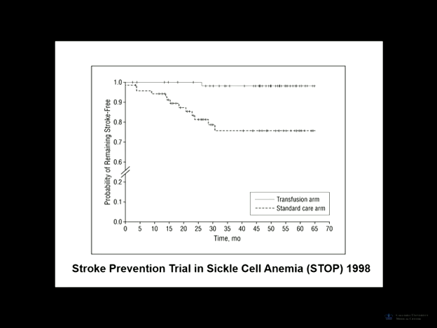It gives you iron overload, but it prevents the sickling. So with transfusion, what they found was that very few of these patients with high flow went on to have a stroke, whereas a lot of the ones that were not given transfusion went on to have a stroke. So this was a study that was terminated early when it was recognized that transfusion made a dramatic impact in terms of the number of strokes.